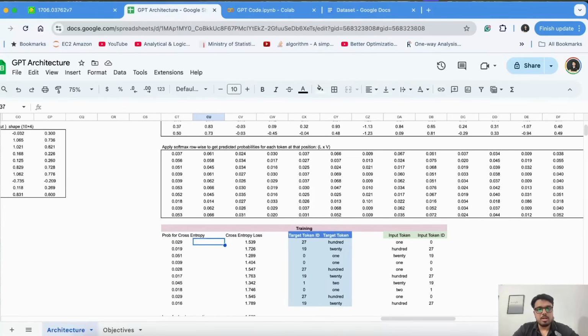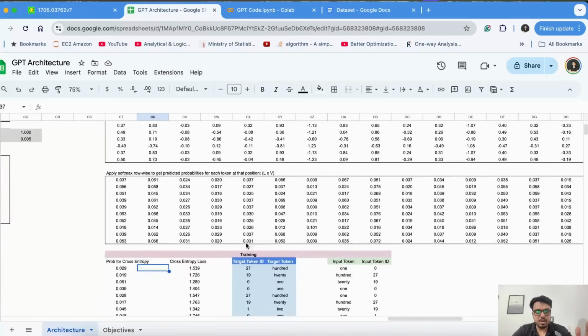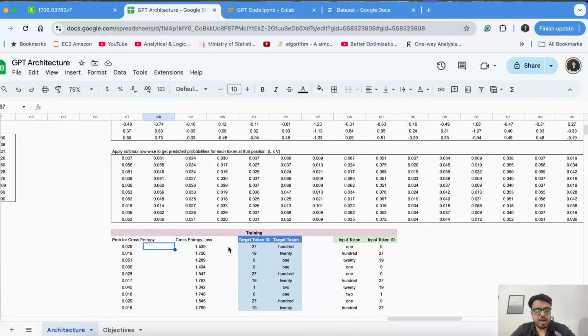Now, how the model is trained is that it gets the predicted probability for that particular token, which is the target token, and because it is not 1, it backpropagates and optimizes the weights all across the network to understand that if this is the input, then this should be the output.